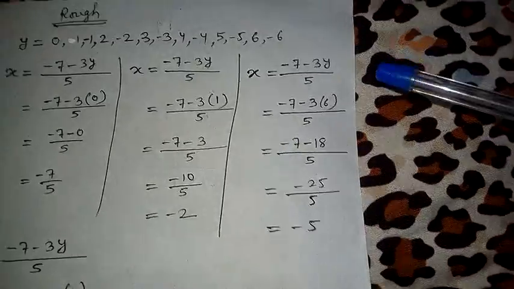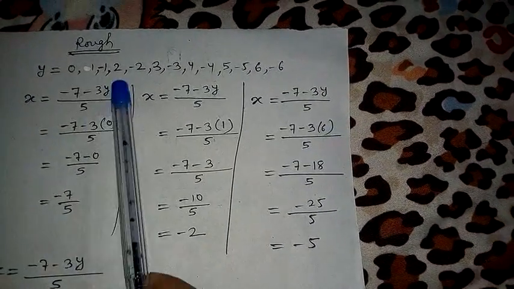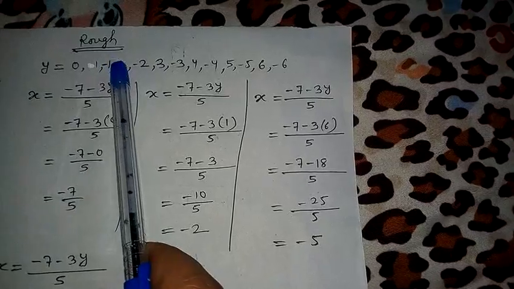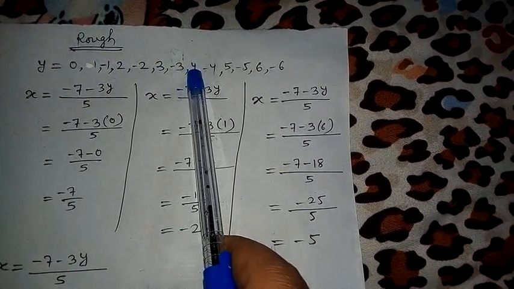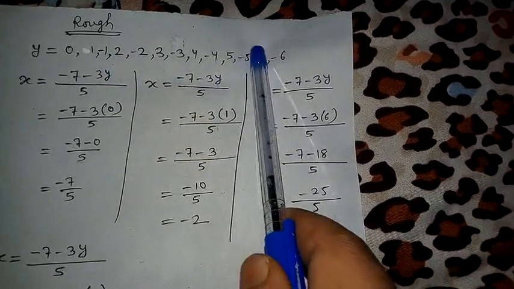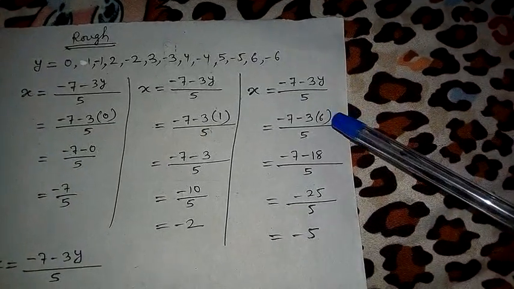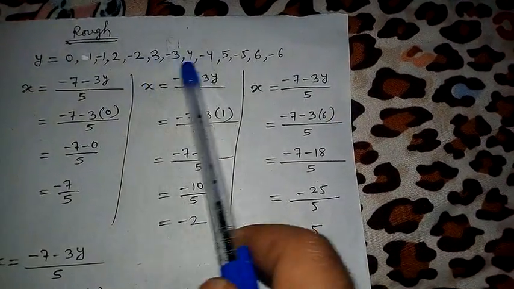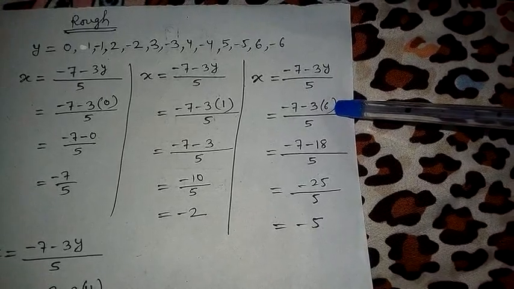Next you can see I have directly taken 6 here in the rough. That means the values minus 1, 2, minus 2, 3, minus 3, 4, minus 4, 5, minus 5 were all not successful, just like 0. That's why I was bound to take 6. I tried all the numbers and it was not successful, but by putting 6 it was successful.